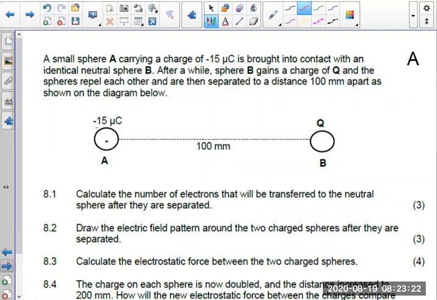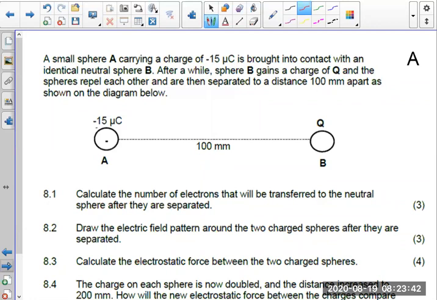They give us everything in the diagram: the charge of A, which is negative, then the 100 millimeters, and then charge B.